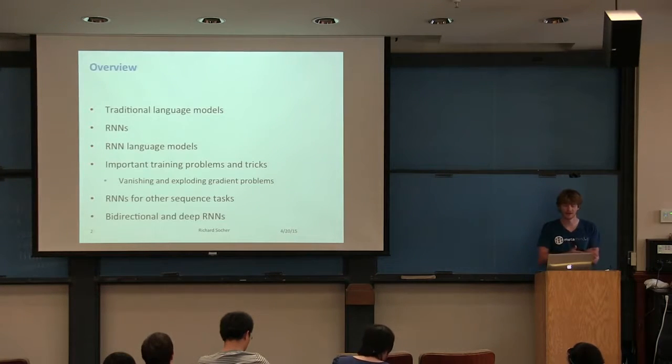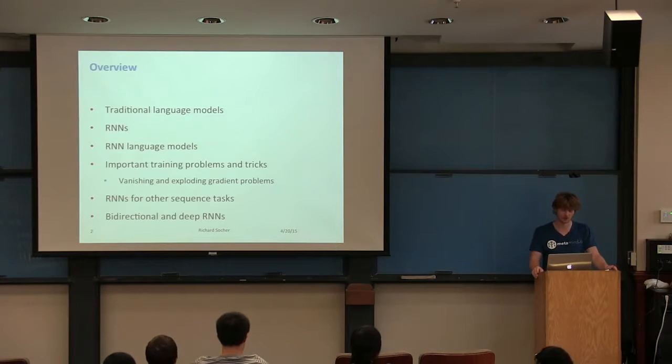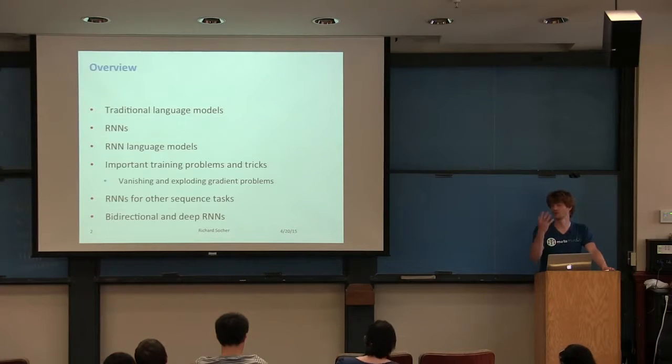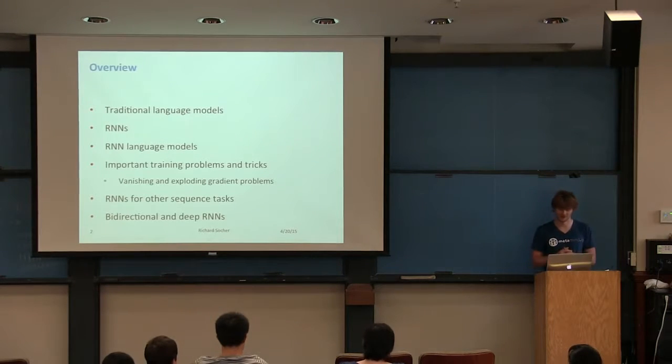Great, so a little overview. We briefly mentioned language models, but I can give you some more intuition of how traditional language models actually work. Then I think you'll appreciate RNNs even more, because they don't make certain Markov assumptions that are quite unrealistic and that traditional language models make.